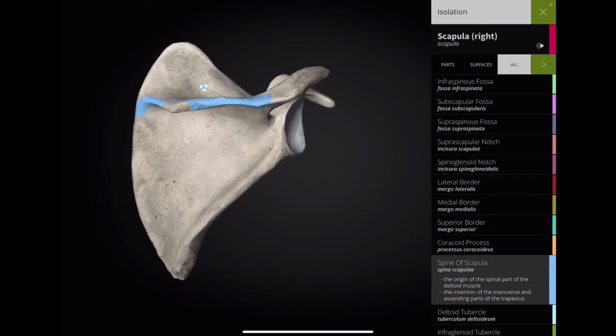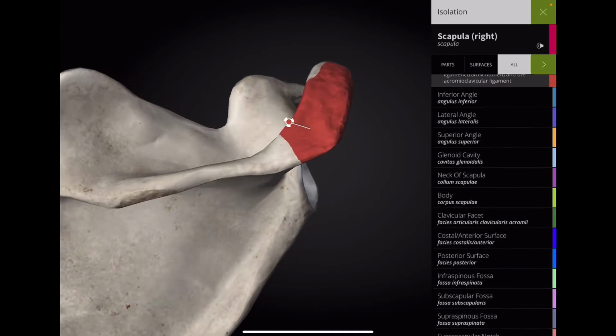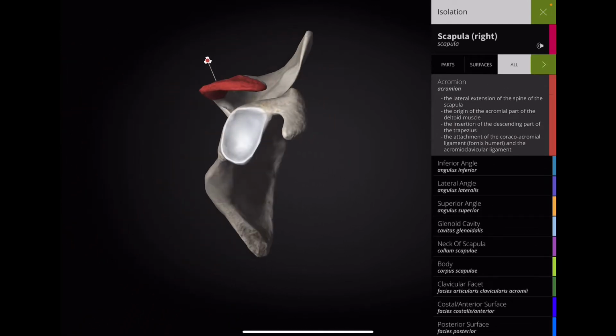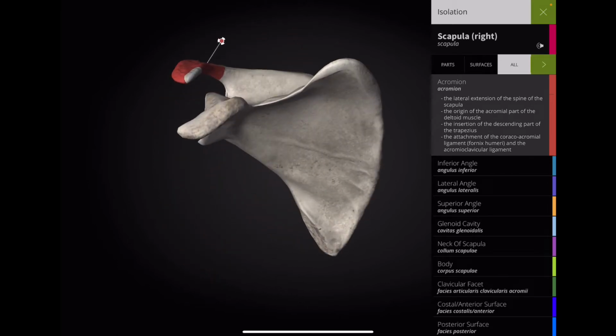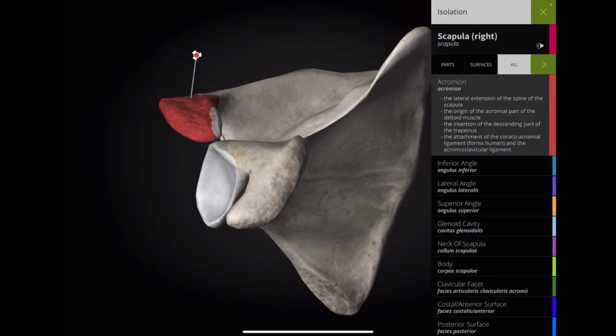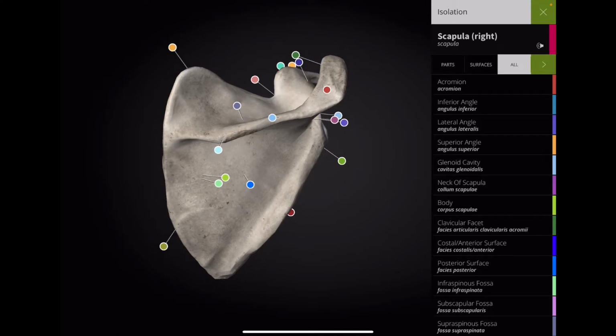And as you can see, as I mentioned earlier, the spine gives rise to the acromion, okay, which again is important for the attachment of another bone, the clavicle, through the acromioclavicular joint. Now, I did mention that the spine divides the posterior surface into further subdivisions. So what are those subdivisions?